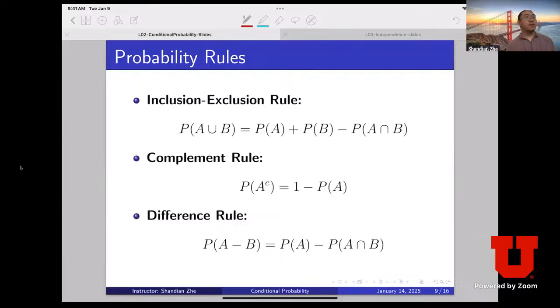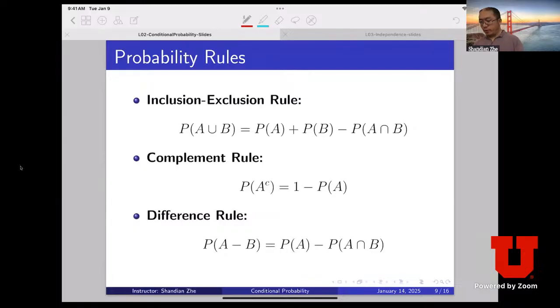How about this? Okay. So that means once we have the probability for sets, then we should be able to compute the probability over the operation on those sets, right? Here we're gonna review the 3 most important rules to compute probability after doing set operations.